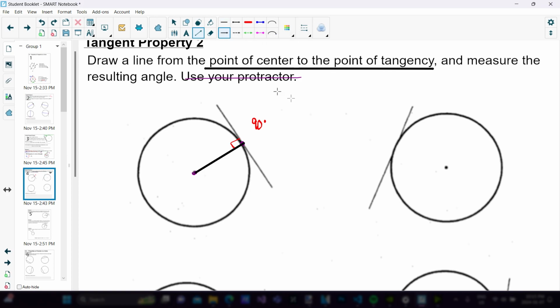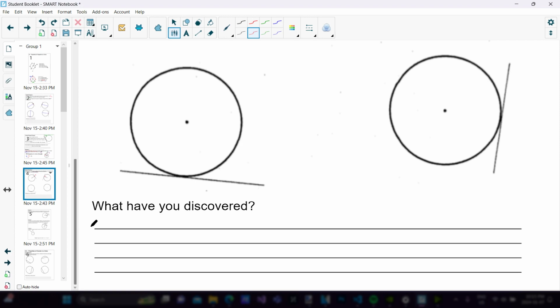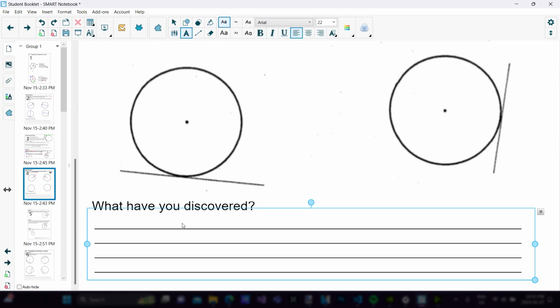Let's do it one more time. Draw a line from the point of center to the point of tangency. Use a protractor to measure that angle, or just use your eyes. That angle looks like a 90-degree angle. What have you discovered? Well, the exact same thing we already discovered.